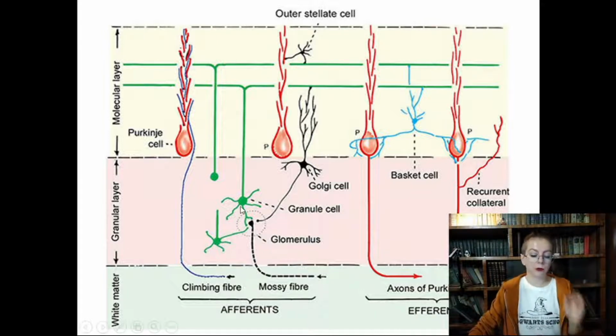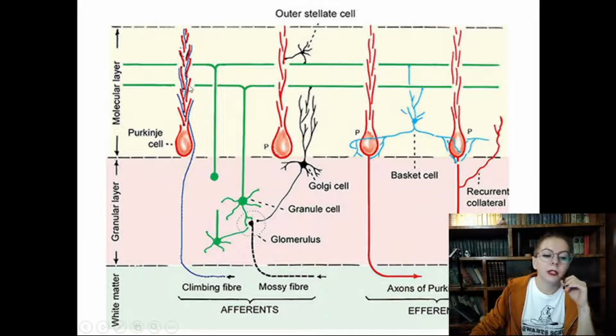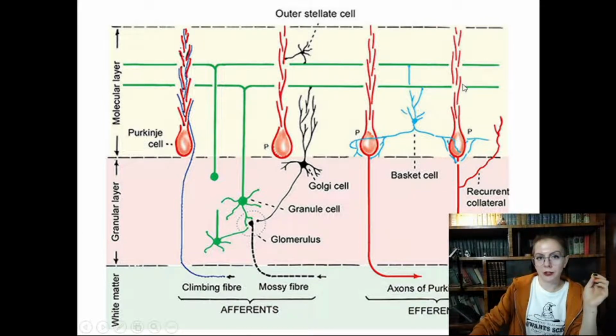Here it is of green color. Then granular cells send their long axon to the molecular layer, where it splits into 2 in a T-shape manner, and this axon excites the Purkinje cells. Okay, so mossy fibers excite granular cells, which in turn excite multiple Purkinje cells in the molecular layer.